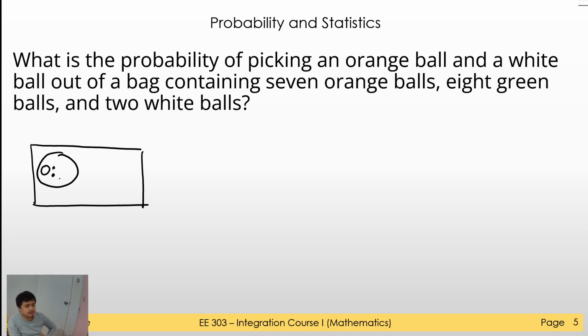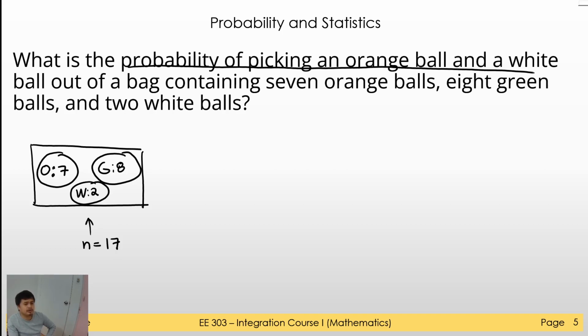We have 7 orange balls, and then 8 green balls, and then the white balls are 2. So in total, the number of balls in this box is 7 plus 8 plus 2, which is 17.